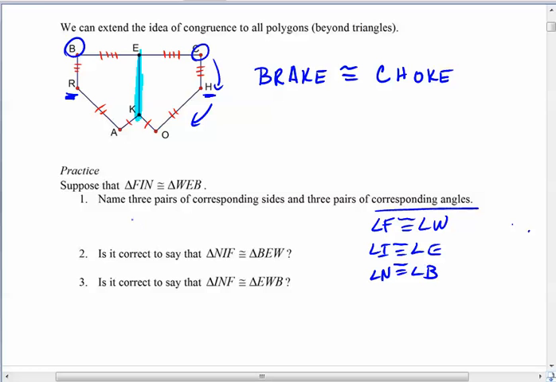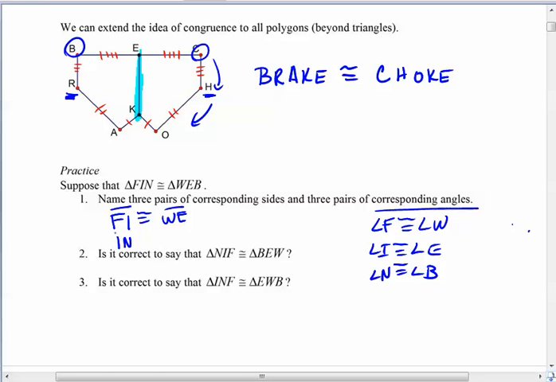Then as far as segments, the easiest segment to do is probably the first 2 letters. So the first 2 letters of triangle FIN are F and I. So that must mean that segment FI is congruent to the segment formed by the first 2 points in the second triangle, which are W and E. Let's try the second and third letter in the name.